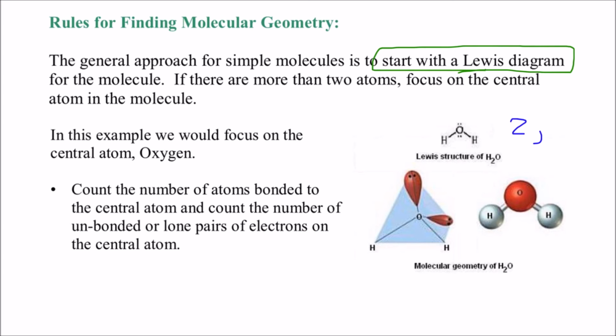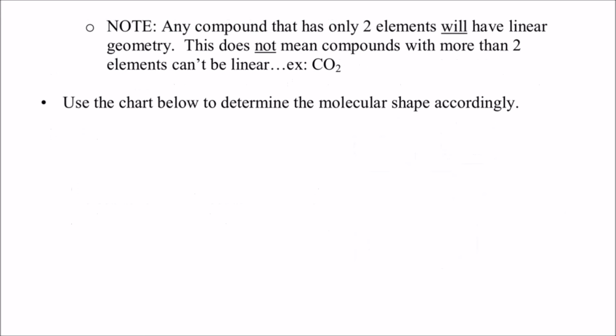So we have 1 pair, 2 pair. Notice that we are counting pairs of electrons. So we have 2 atoms and 2 lone pairs. And I'm going to give you a chart below that you're going to have to do some memorizing on, and we're going to use those numbers.